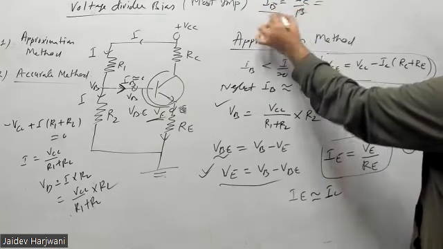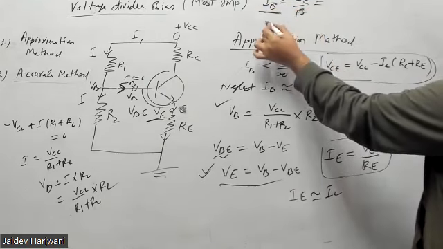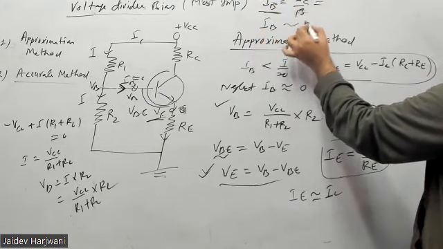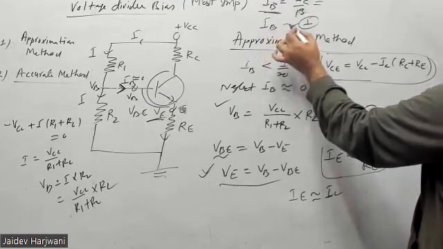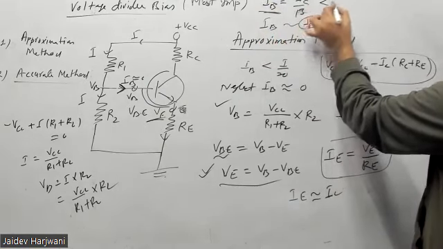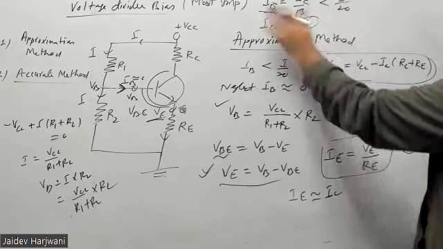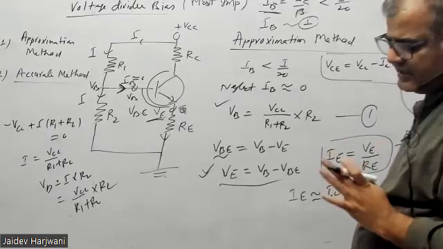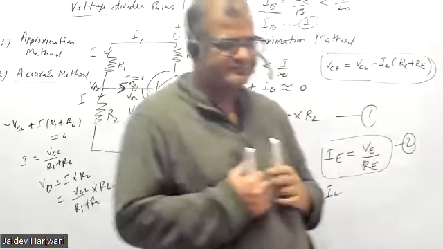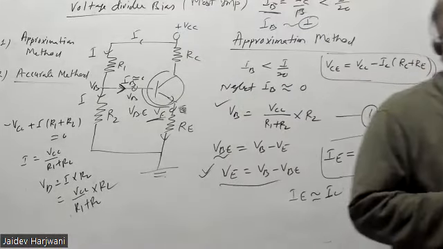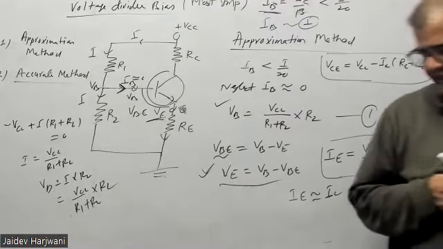Calculate the value of IB and compare it with the total I in the circuit. If it is negligible compared to this, or is 20 times less, that is I by 20, you can say our assumption is correct, and I can always neglect the IB. Is this point clear to everyone?